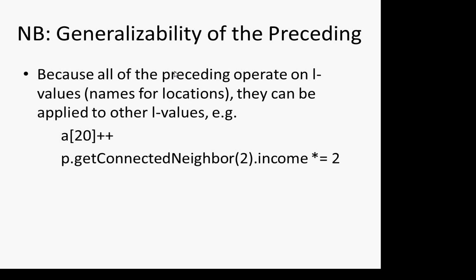So if this is P, P has several neighbors, and it's getting its third neighbor, and it's doubling, and so that's a reference to somebody, right? Its third neighbor is somebody. This is returning a reference to who knows who.